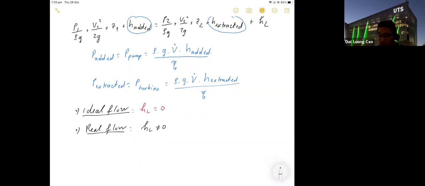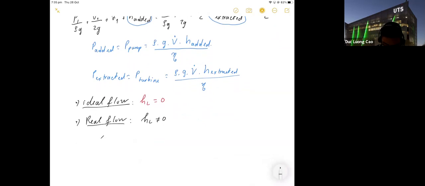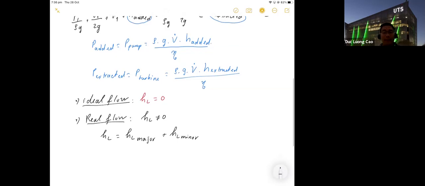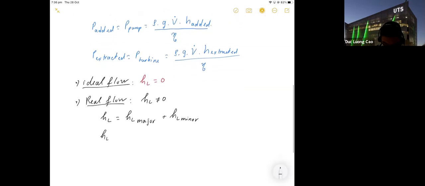So when you have this, the head loss will be equal to major loss, HL major, and HL minor, major loss and minor loss. HL major is friction. Friction head loss, what you did in lab 1, equal to f L over D times V square over 2g.